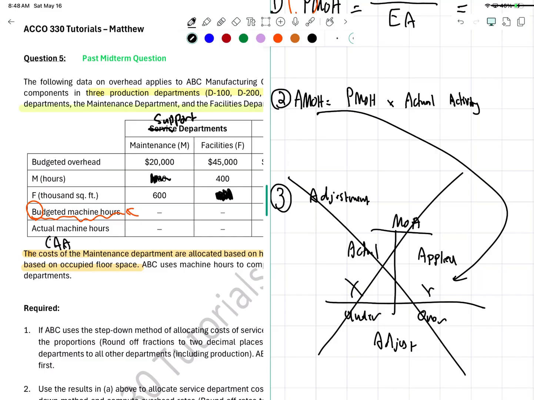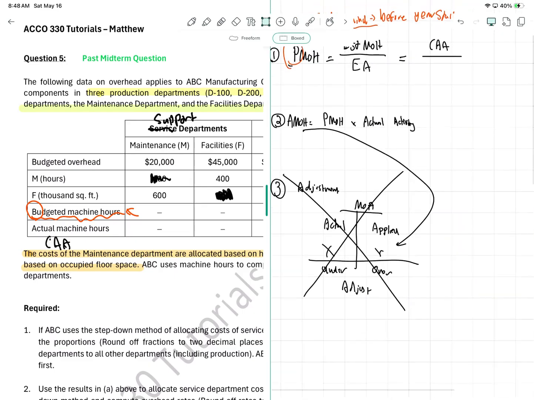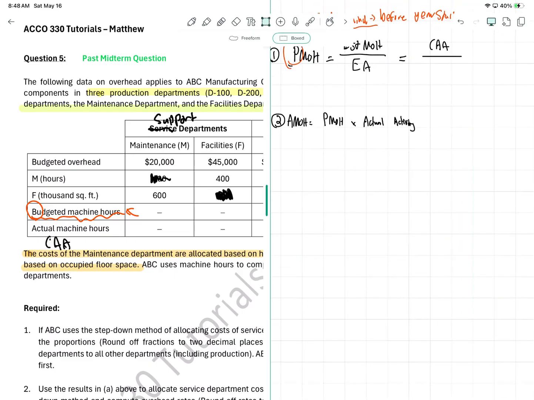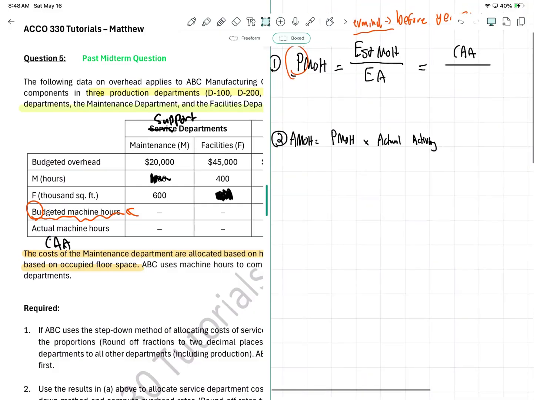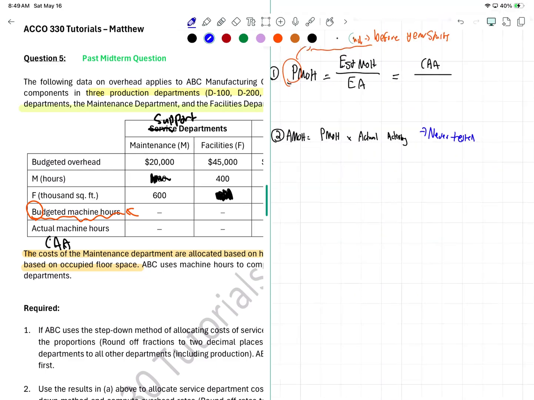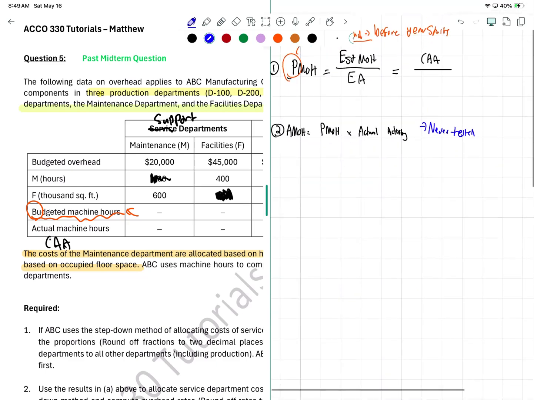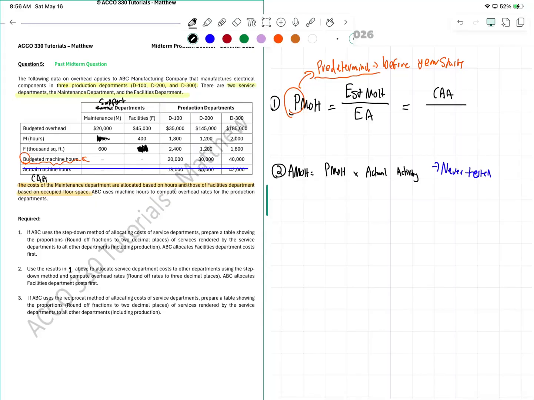Maybe you'll need this back when you go to your CPA. But for now, I'm just going to give you a quick recap so you can understand the big picture. Needless to say, I'll give this equation to you if they ever ask for overhead applied, but it's never tested. So we'll leave it like that. Hope that's okay with everyone. All right, enough rambling on about nothing. Let's now get into the question.